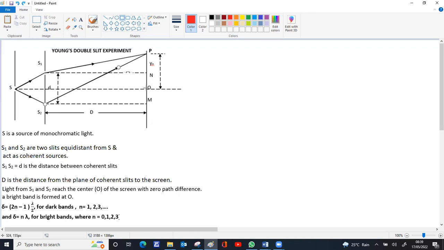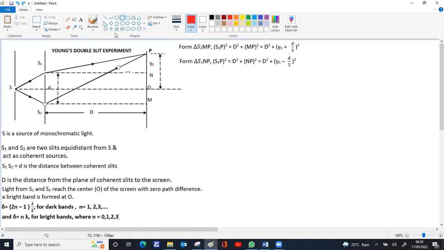NP will be yn minus d by 2. So S2MP will give you S2P square equal to D square plus (yn plus d by 2) whole square. Triangle S1NP will give you S1P square as D square plus (yn minus d by 2) whole square.